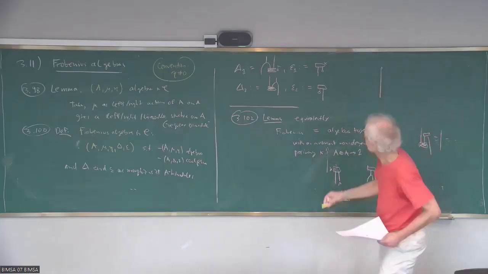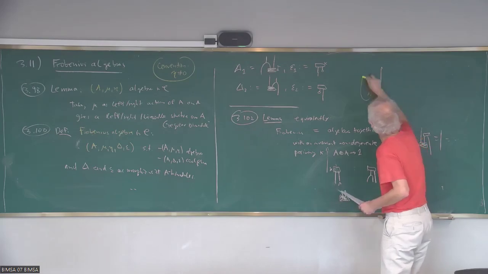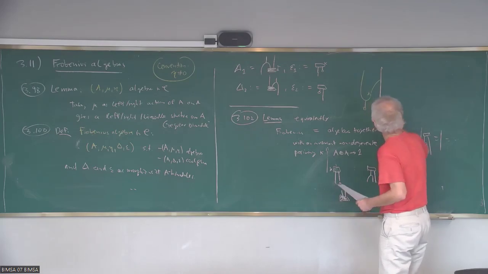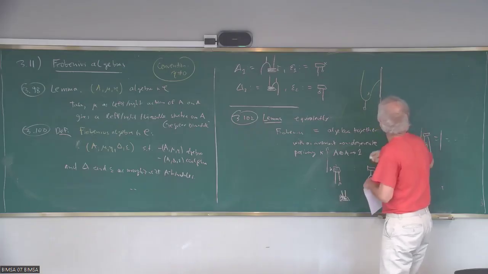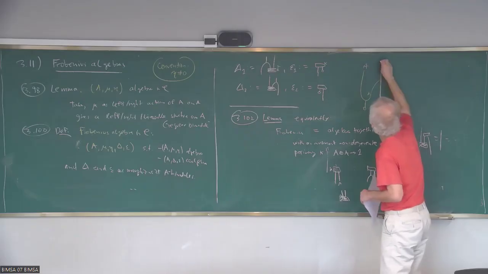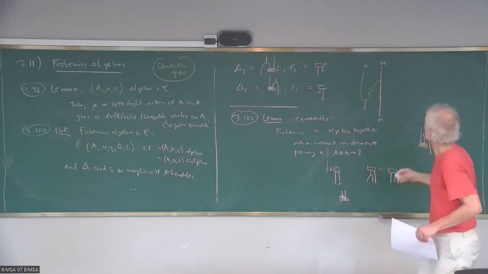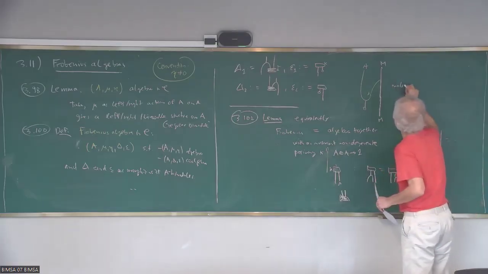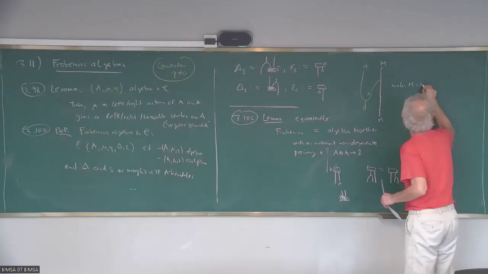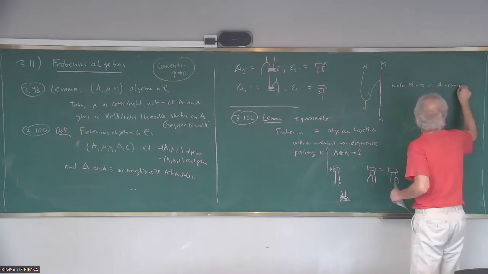So if you have a module, so we have an action of A, then just use the co-product and the unit to define this morphism. So this goes from M to A tensor M, and this makes M into an A co-module, where A is regarded as a co-algebra.